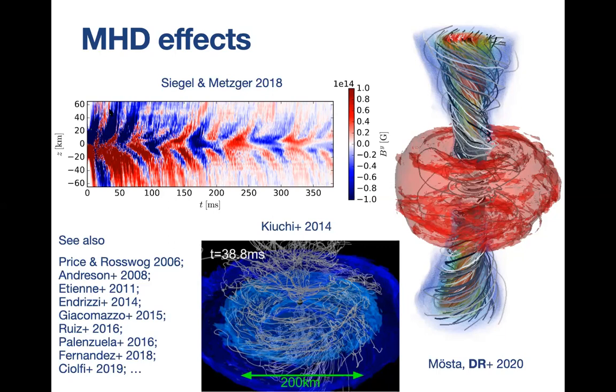For example, the simulations by Siegel and Metzger back in 2018 resolved the MRI in the accretion disk, and they show also this nice butterfly diagram where you see inversion, periodic or quasi-periodic inversion of the poloidal field. Sorry, this is the toroidal field. That is a clear signature that there is a dynamo action driven by the MRI in the disk.